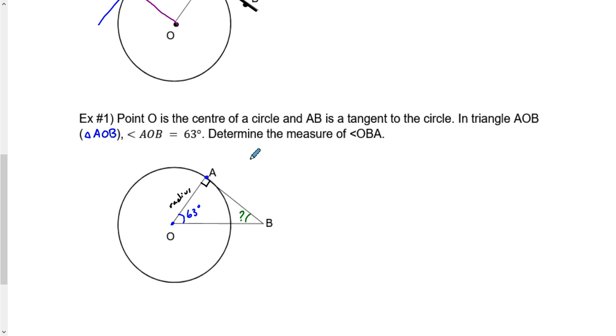One property that we're going to be using in further years is how many degrees are in a triangle. I believe that you would have done that property back in grade 6, so it's been a little bit of time since you've actually worked with it. But it's not going to be the end of the world to remember that a triangle adds up to 180 degrees. So if all these angles add up to 180, this one's 63, this one's 90, to find out what this angle is, we just have to take 180, subtract the 63, and subtract the 90.